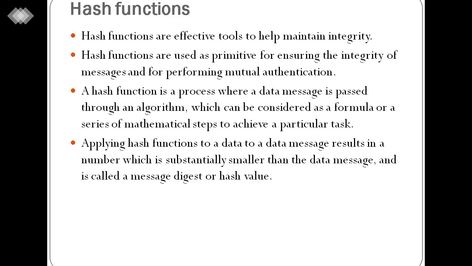It is the process where a data message is passed through an algorithm, which can be considered as a formula or a series of mathematical steps to achieve a particular task. It is also effective in helping maintain integrity, ensuring the integrity of messages and performing mutual authentication. For a given message, it gives a particular result.